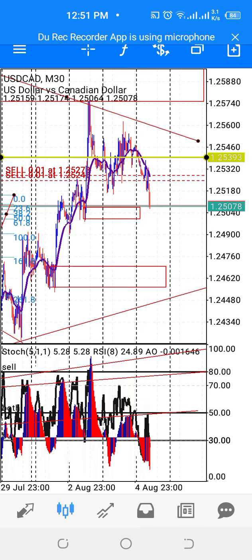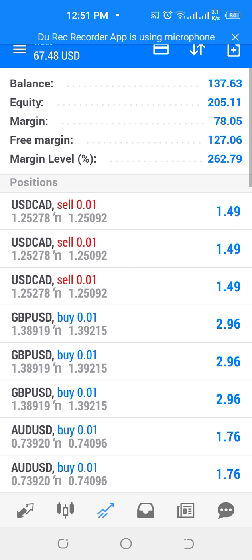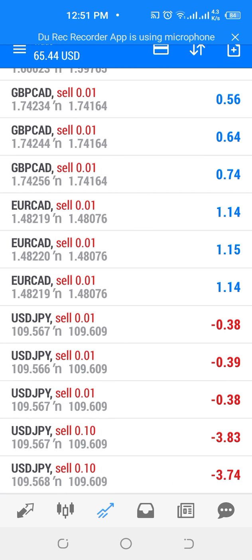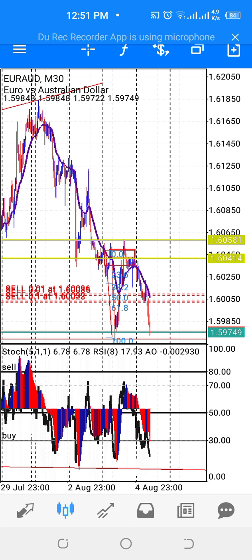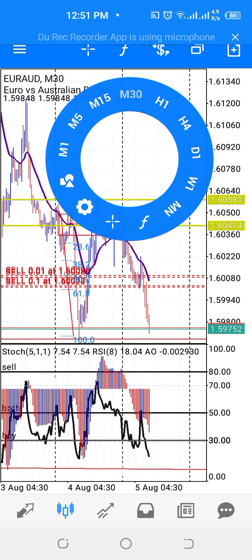So let's go to another pair, which is now the Euro AUD. The same case with the Euro AUD.